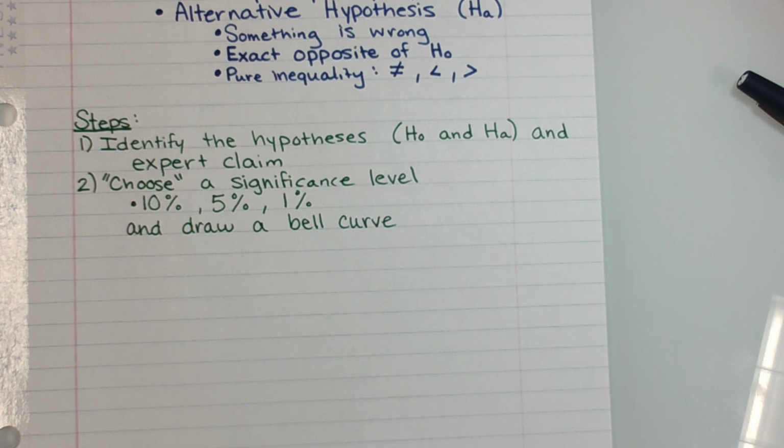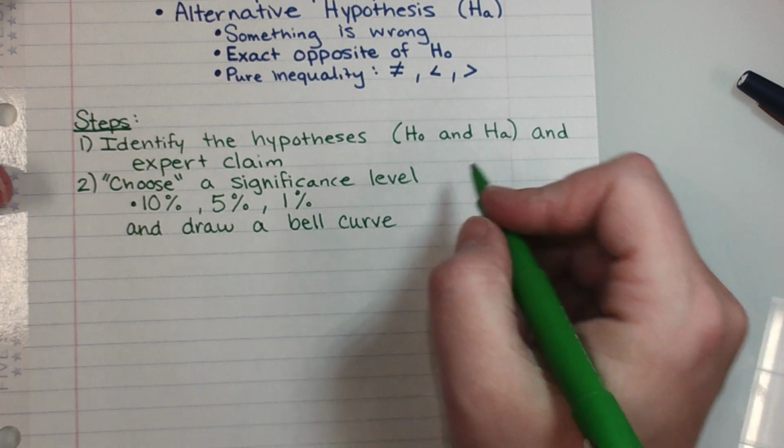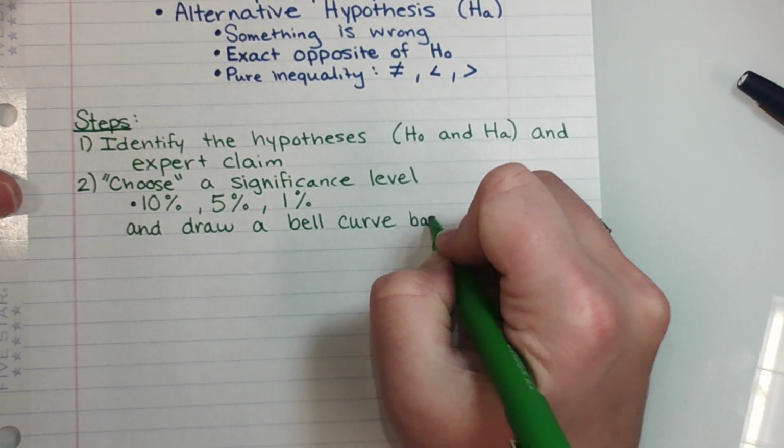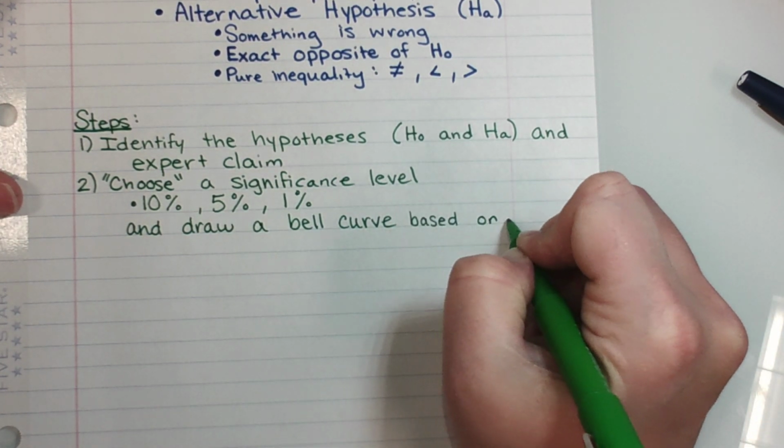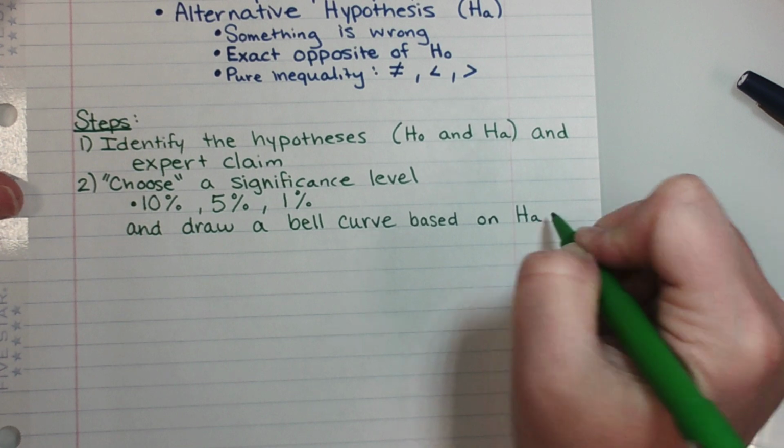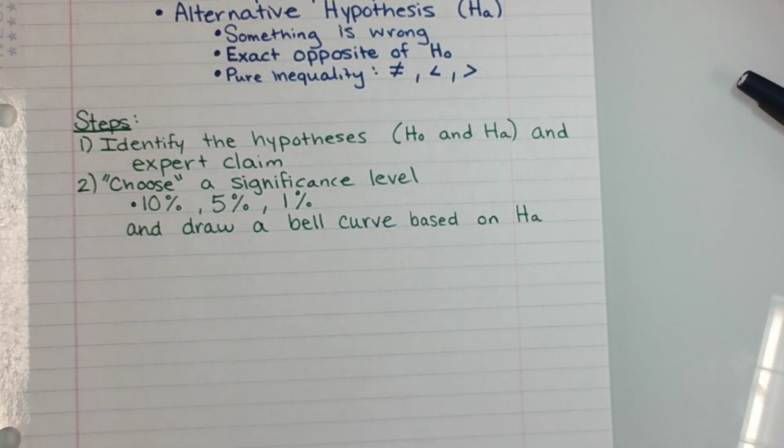It's going to look like a bell curve outline, and then you're just going to have a tiny bit of it shaded. What bit of it is shaded is dependent upon the alternative hypothesis. It's really there just to give us a guide of what we're looking at, and that'll get a little bit more clear as we get into the problems.